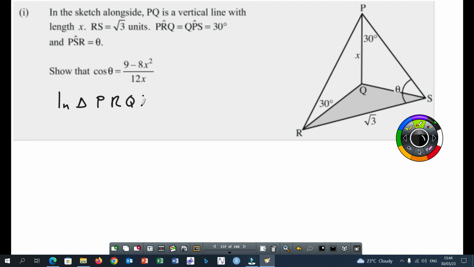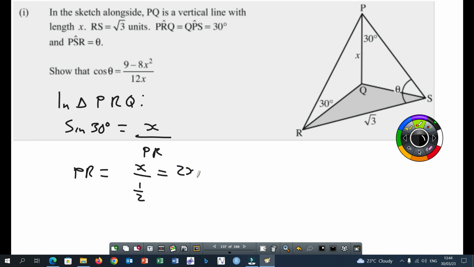Okay, I have to use trigonometry. So if I get PR, that's my hypotenuse. So my reference angle is 30, so that's opposite over hypotenuse. So that will be sine 30 is equal to the opposite side, which is x over PR. So PR is going to be equal to x over a half, which is equal to 2x. Okay? So my PR is 2x.